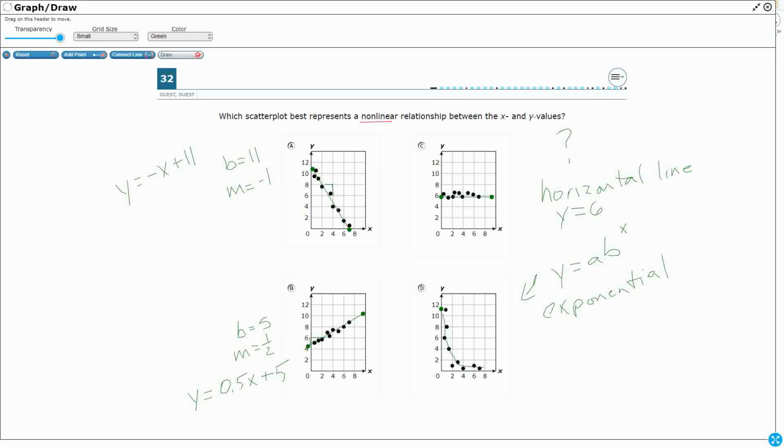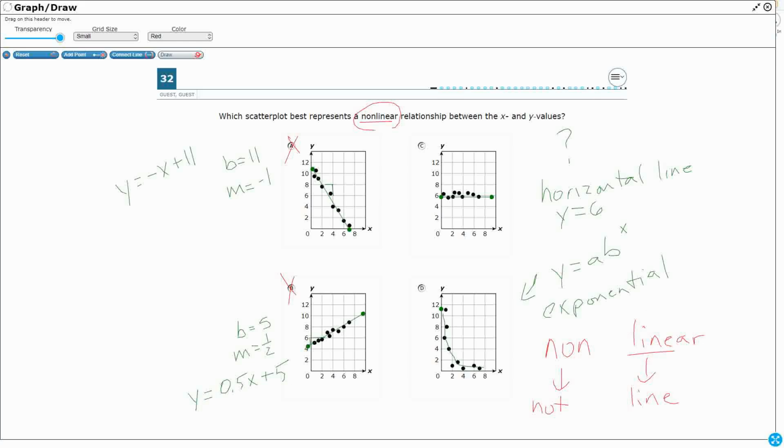So we can say it's definitely not going to be A and B because those look very similar. One is ascending, one is descending. So we're stuck between C and D, but let's go back to our word here. Non, which means not. And then linear. And look at that word. It's right there. Line.